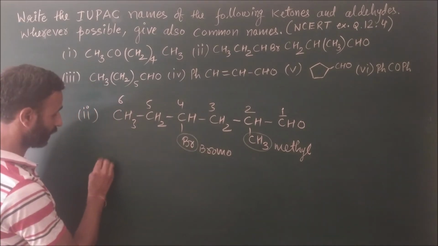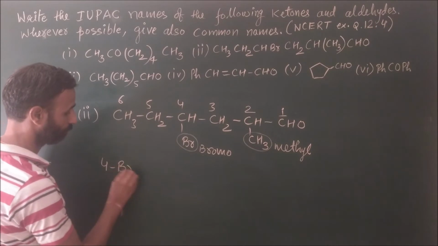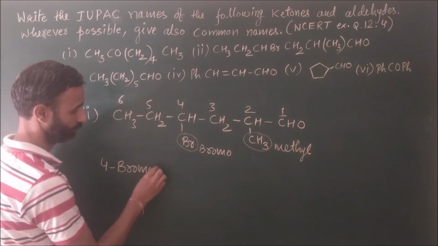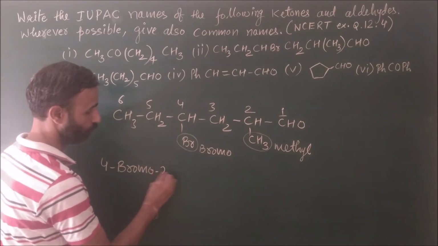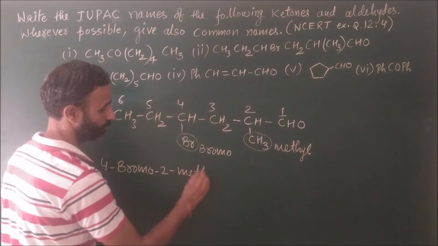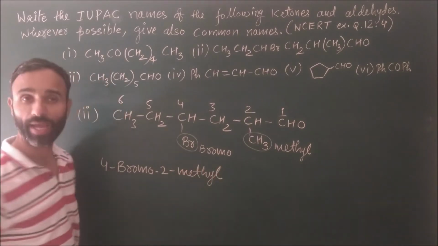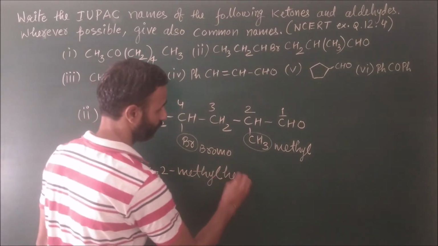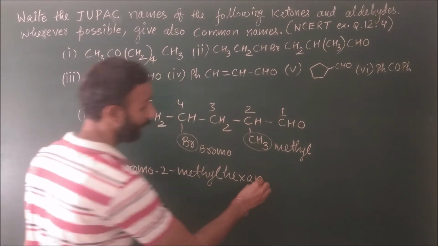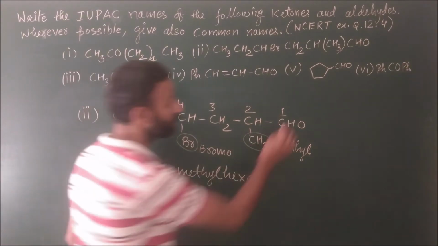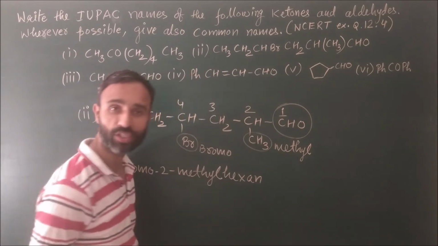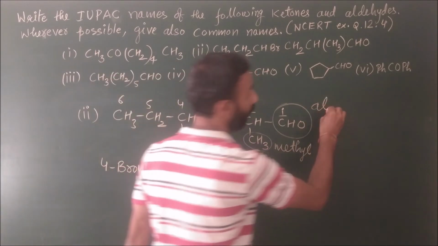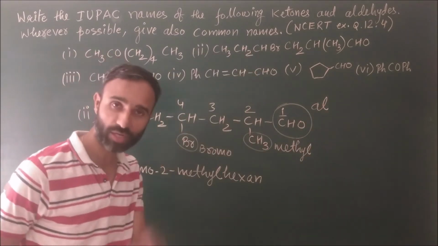So we write it as 4-bromo 2-methyl hexane. And what is the suffix for CHO? It is al.